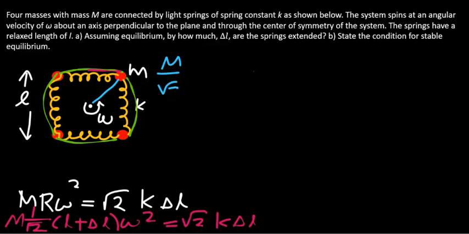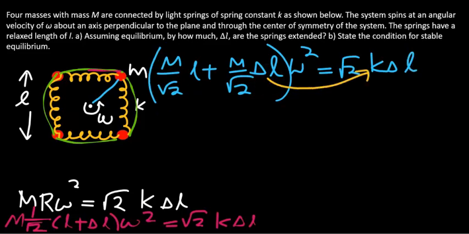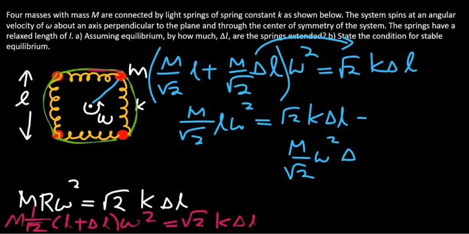M over square root 2 L plus m over square root 2 delta L, times omega squared, equals square root 2 k delta L. So let's bring this term to the right hand side, and you're going to get m over square root 2 L omega squared equals square root 2 k delta L minus m over square root 2 omega squared delta L.